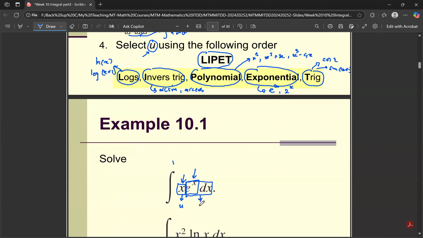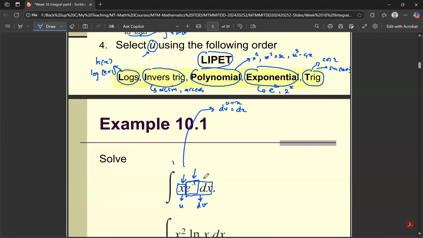Yeah, this is dv. Then we need du. If we have u is equal to x, so du will be dx.